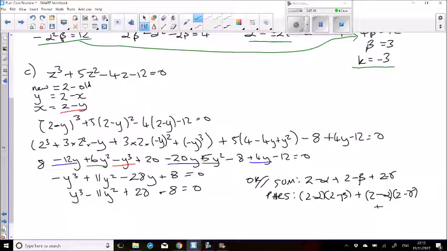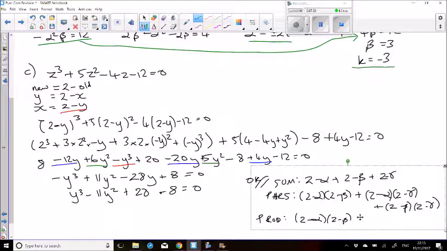Then you can have a go at this one. And then you do the product of all of them. And then you use our fact to get that in terms of the original alpha, beta, gamma, and then you can write your equation, because that's minus b over a, that's c over a, and that's minus d over a, and you can put that back in and you should get the same answer.